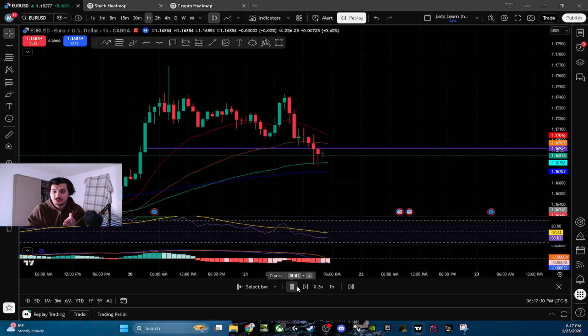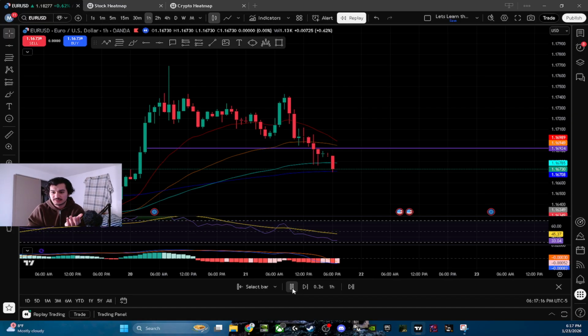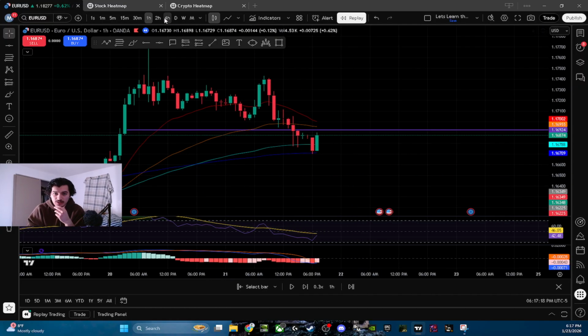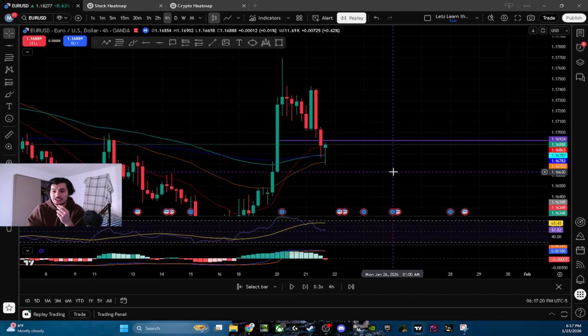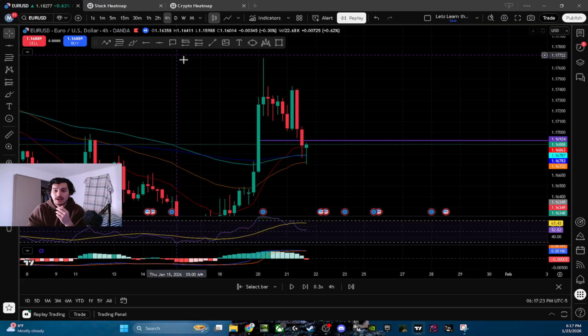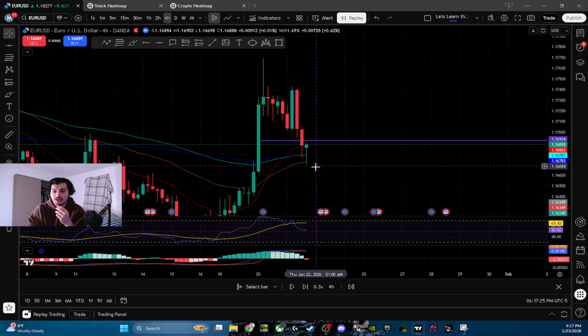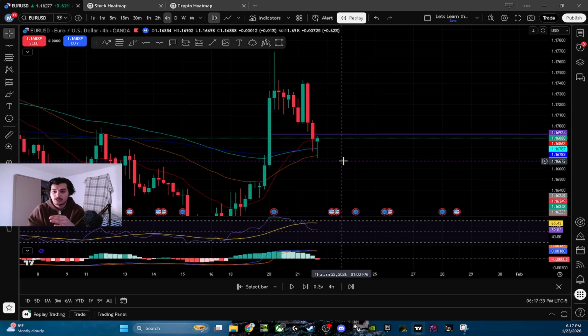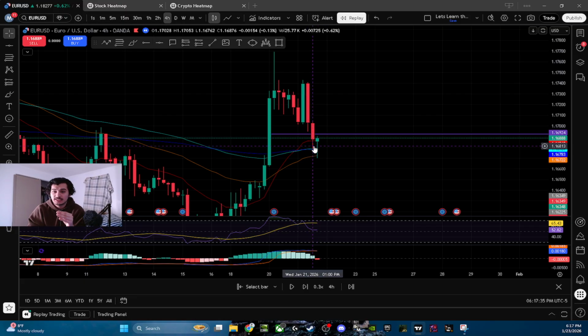So we have another doji candle that happens, very small, and then another non-existent candle. If you go back to the 4 hour, you can see we have a huge rejection from the 20, 50, and also the 200 and 100 EMA. All the other EMAs are rejected, even on this candlestick and this candlestick right here. Let's go back to the 1 hour.